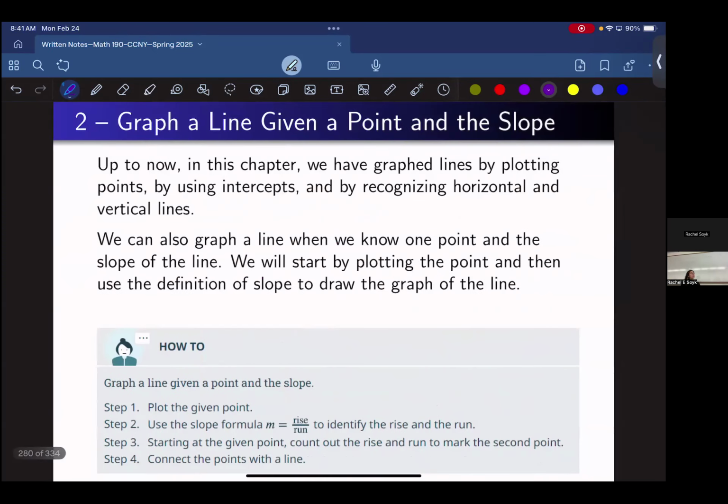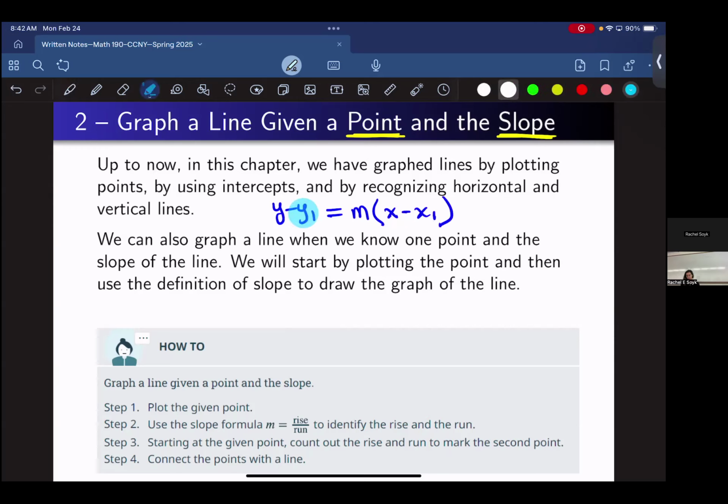Right. We have another slide of notes. And this really hones in on our point slope formula. We want to find our line given that we have a point and we have a slope. And so what is our point slope formula? We have y minus y1 is equal to m in parentheses x minus x1.